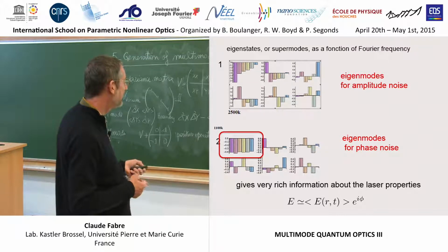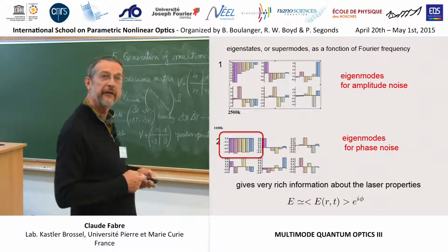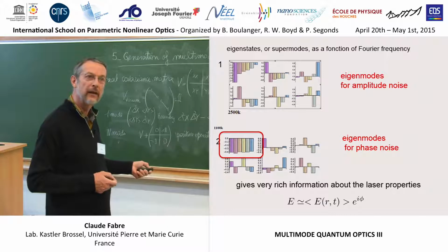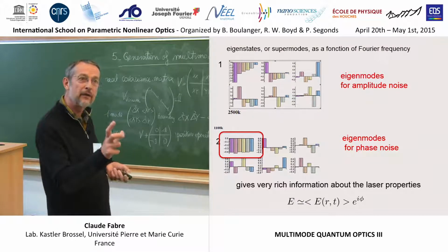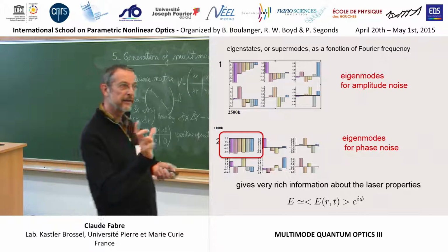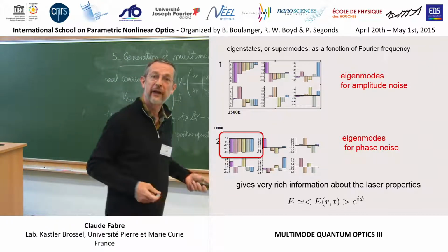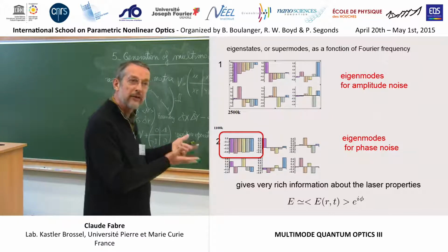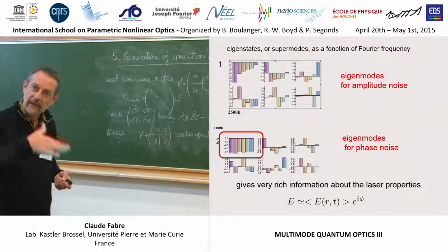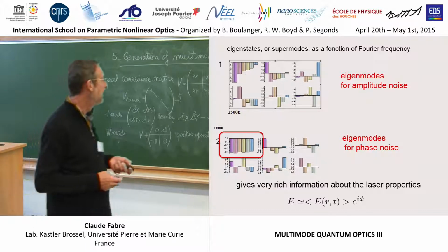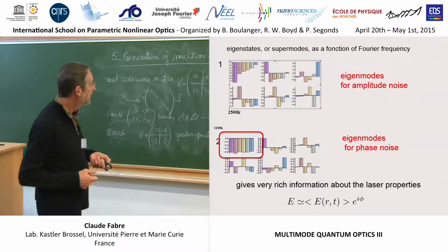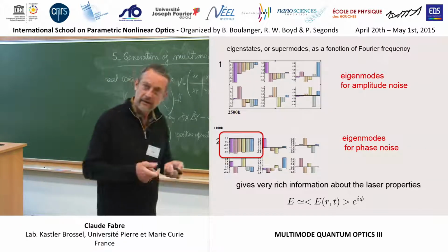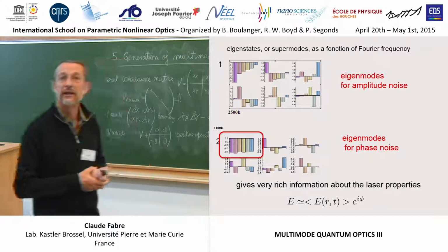So the field is a mean field times a phase noise. Usually people write that directly for any laser, so that the laser has a fixed amplitude and only varies in phase. So here we justify this kind of approximation, and we see how good it is or not, looking at the other eigenvalues. So this was, I think, something that interested the people in mode-locked lasers, a very detailed analysis of the noise in the system.